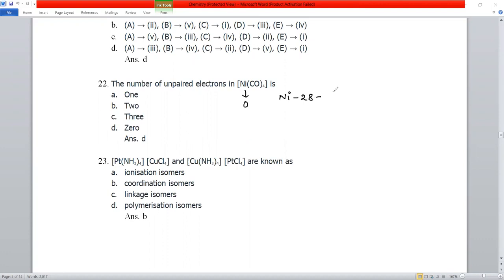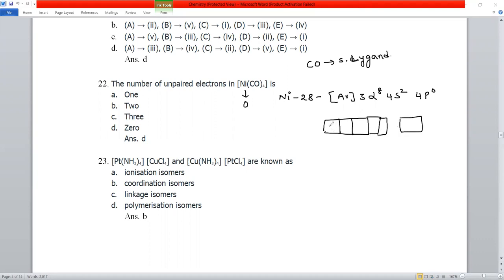The electronic configuration is argon 3d8 4s2, and 4p0 will be present, students. Since carbonyl is a strong ligand, whenever a strong ligand is there, electrons will get paired.